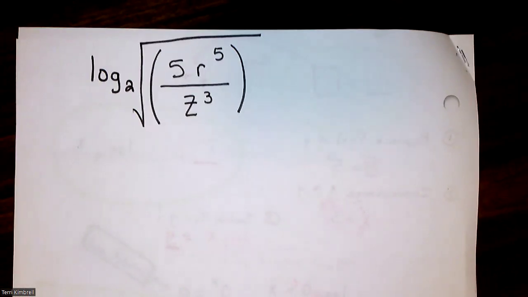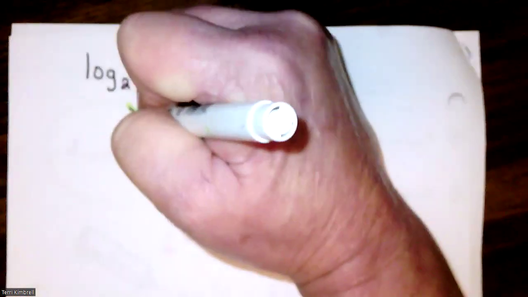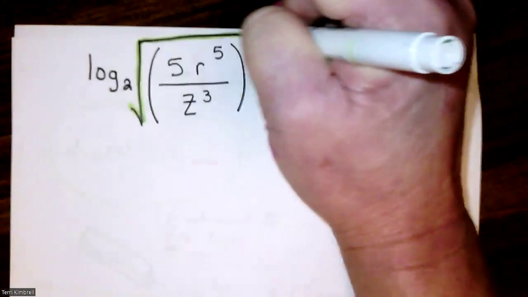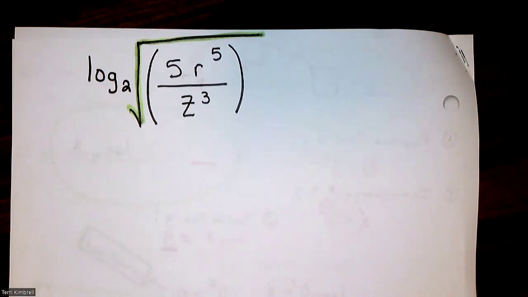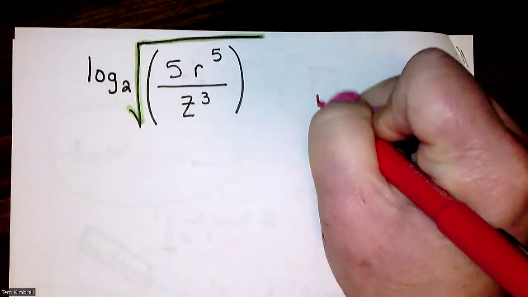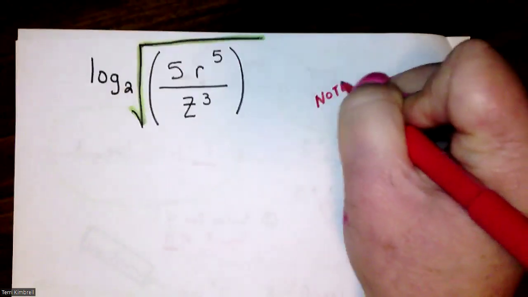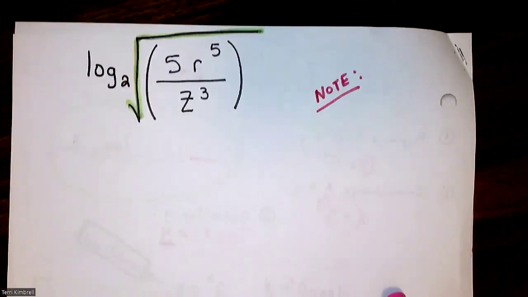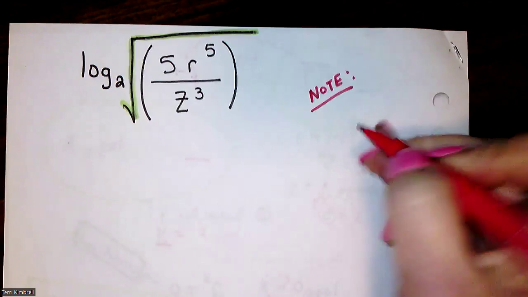So what we're going to do in this last example, some of you did have trouble with this type of question where it was a single condensed logarithm and it was asked to be expanded. The first thing you have to remember is this portion right here. I would definitely put a note, because I know the other day in class it was hard for some of you to remember.